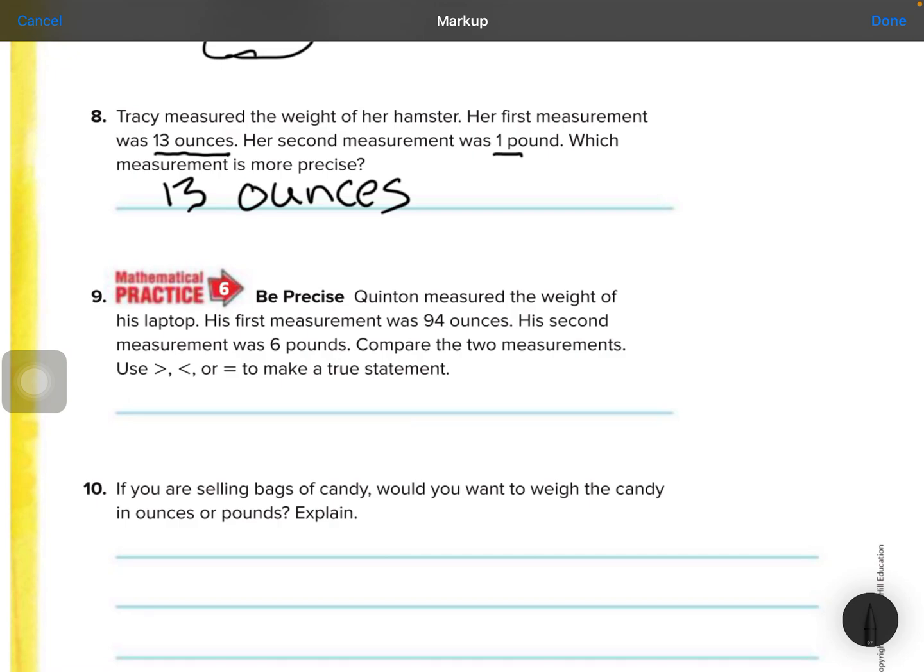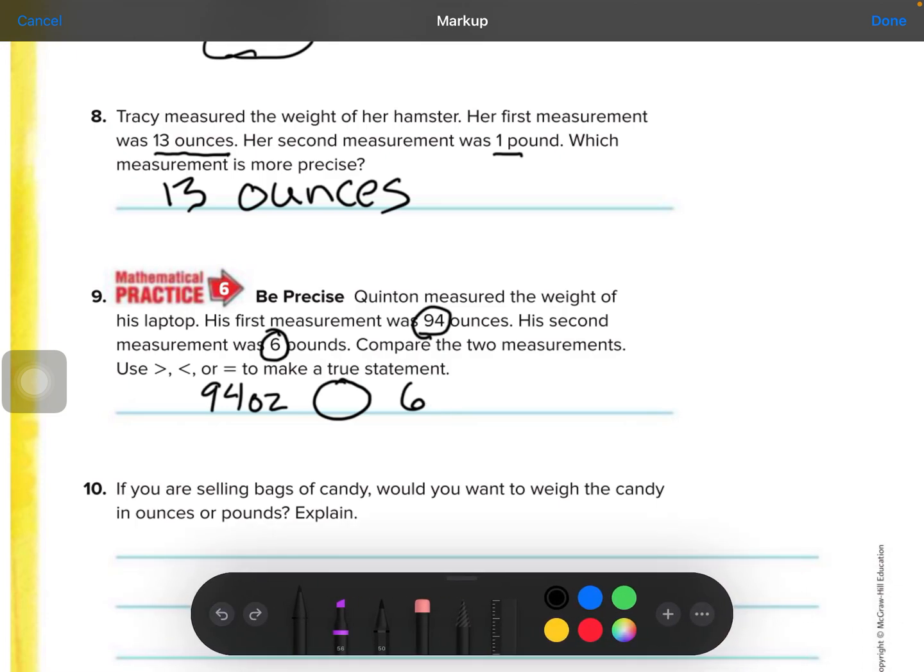Quentin measured the weight of his laptop. His first measurement was 94 ounces. His second measurement was 6 pounds. Compare the two measurements using greater than, less than, or equal to make a true statement. Okay, 94 ounces. We need to draw our answer there. We need to compare it to 6 pounds. Hang on, let me draw little babies.